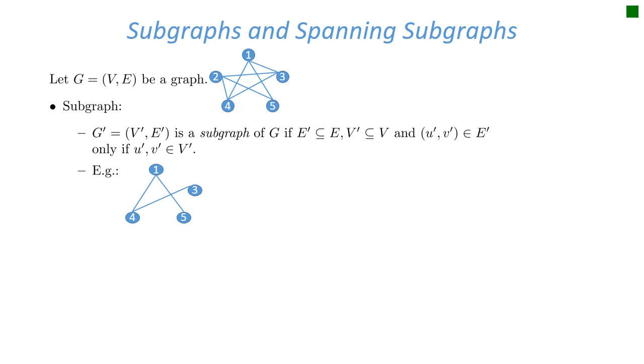For example, in this case, this graph at the bottom is a subgraph of the graph on top. Why? I have simply removed the edges (1, 3), (2, 3), (2, 4) from this graph to obtain the graph below.